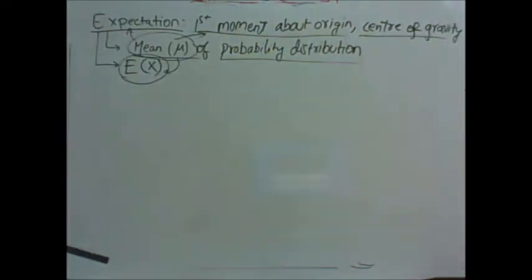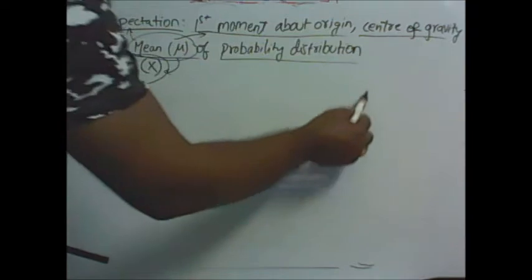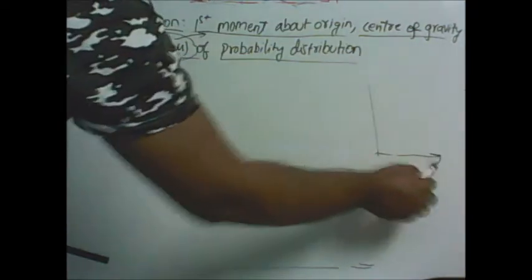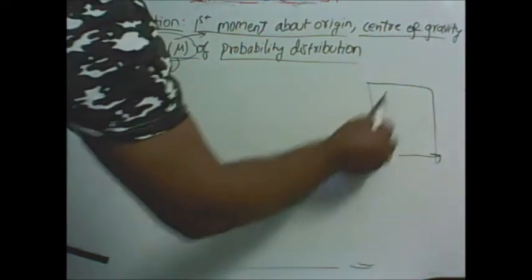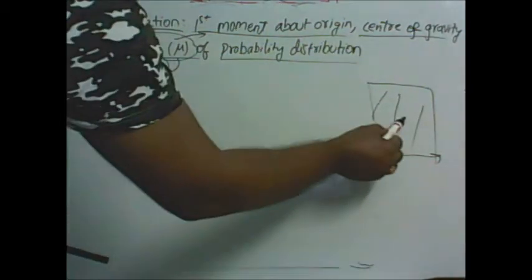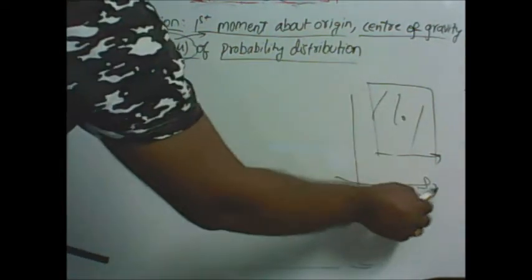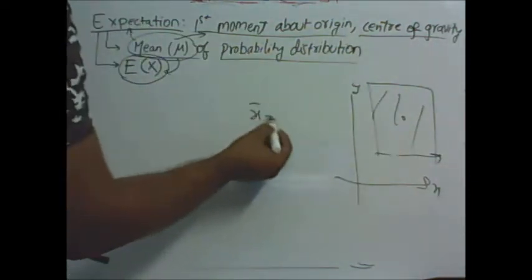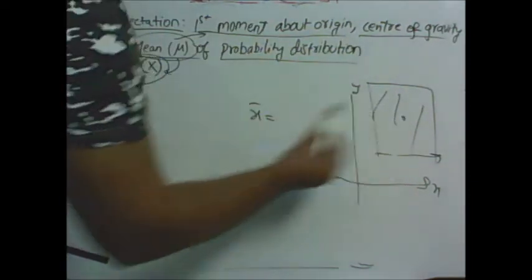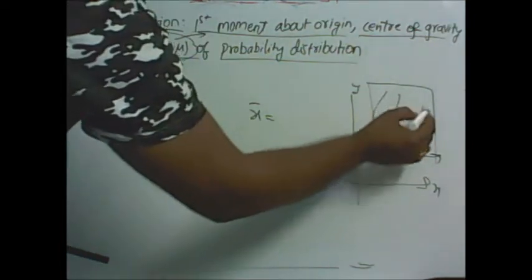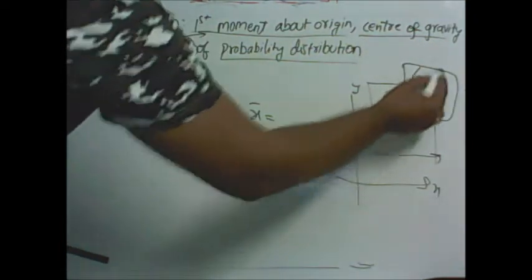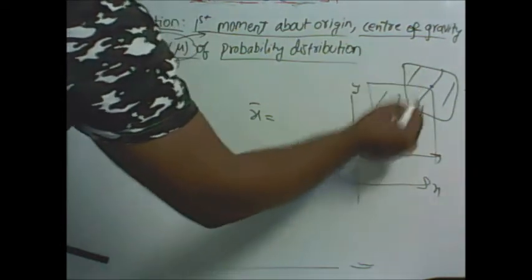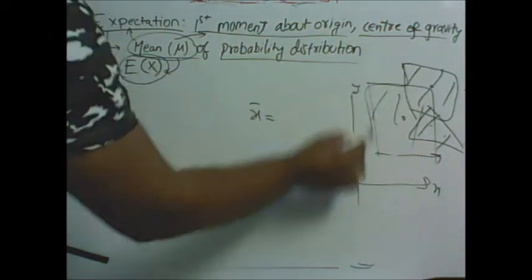In intermediate or plus 1 plus 2, you might have studied that if this is some area and you want the centroid, with coordinate axes x and y, how will you find x bar? These are 2-3 areas to be considered together as one single area.